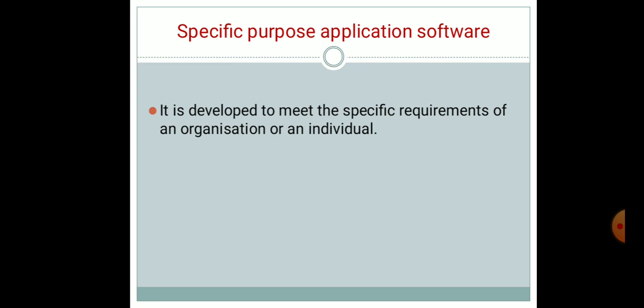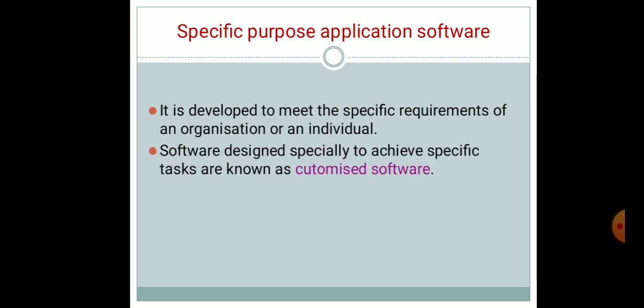So to meet the requirements given by the organization or an individual, we are creating the specific purpose application software. The softwares which are specially designed to achieve specific tasks are known as customized software.